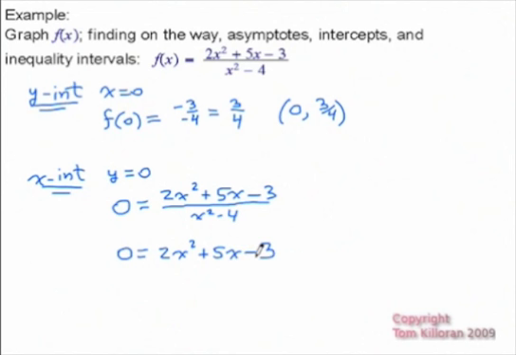And all we have to do to solve this equation is factor this. So, factors of 6 that subtract up to 5, which would be 6 and 1. So we'll break this apart into 0 equals 2x squared plus 6x minus 1x minus 3.